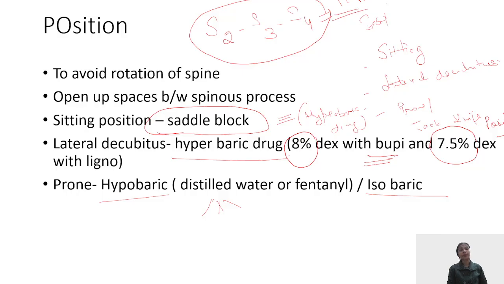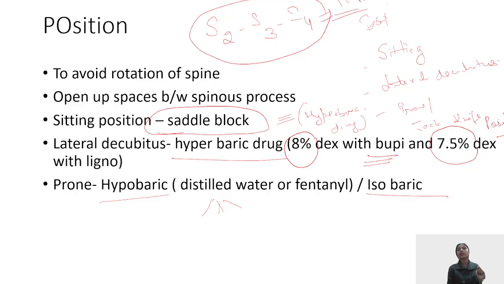They are hyperbaric. Whereas isobaric, iso means same density, so they are going to settle at the same level where we have given it. Hypobaric means they are less dense than the CSF, which are generally made less dense by the addition of distilled water and fentanyl. I repeat, hypobaric drugs are made less dense by addition of distilled water and fentanyl.